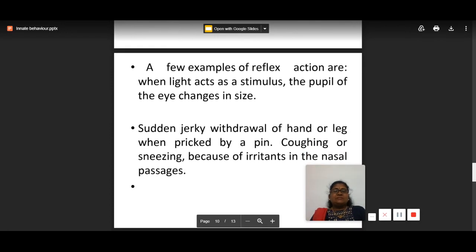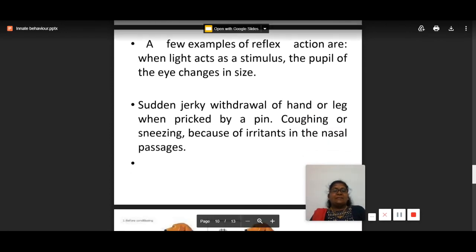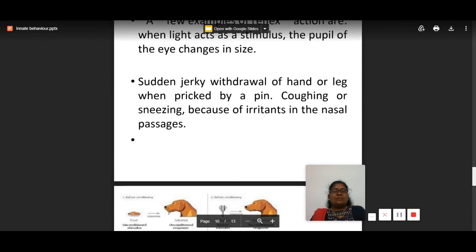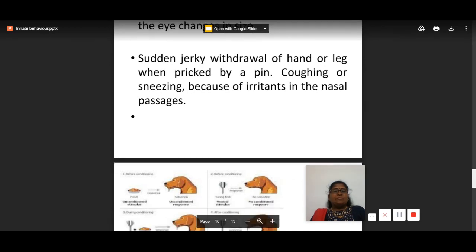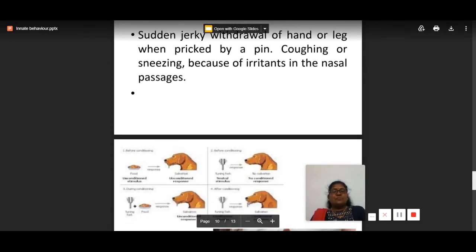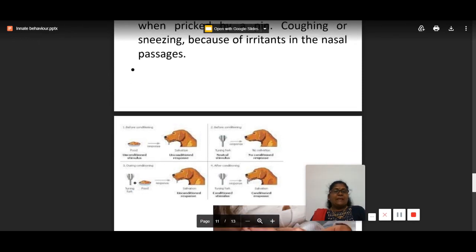A sudden jerky withdrawal of a hand or leg when pricked by a pin, or coughing or sneezing because of irritants in the nasal passages. These are some examples. They occur suddenly with the help of the stimulus, and the response comes within a fraction of time.